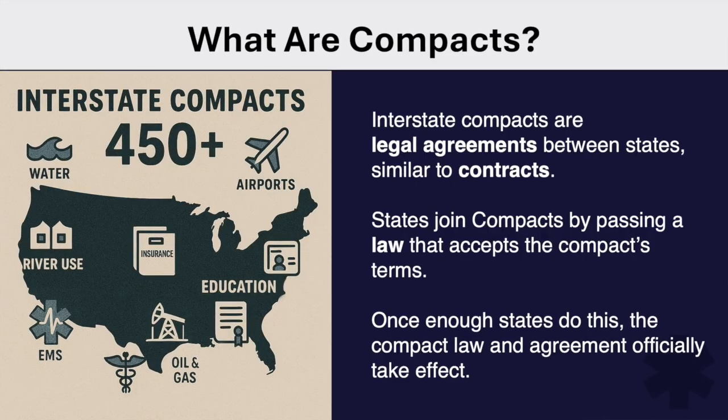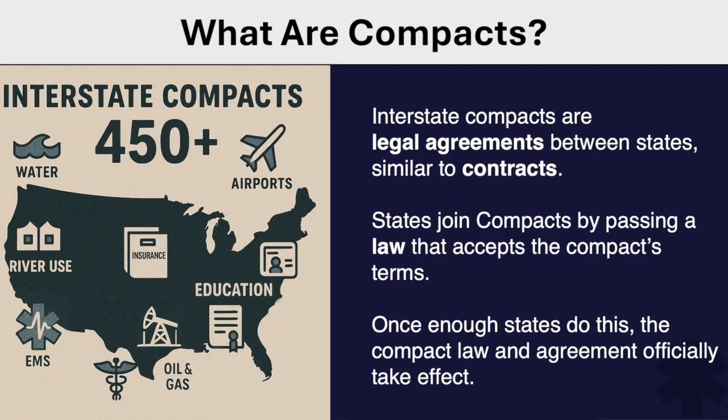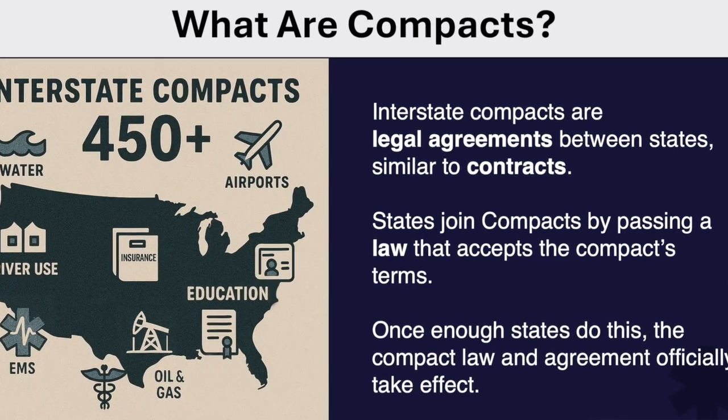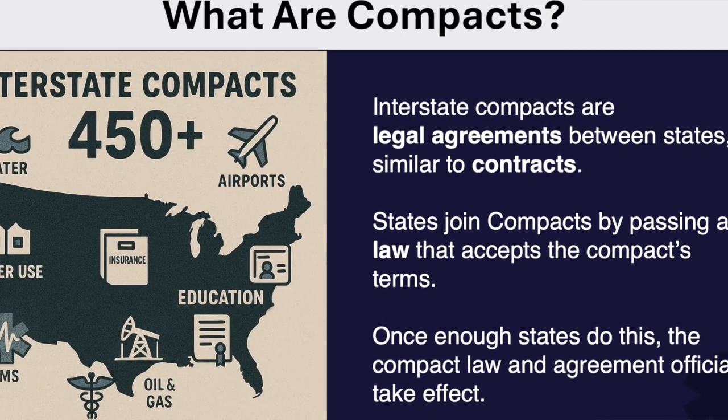So compacts are where individual states get together and they solve problems, and they do this by passing a law. And that's very important. So a state passes an actual piece of legislation. It goes through the complete legislative process, both houses to the governor for signature. So that becomes a state law. But that state law also takes the form of a contractual agreement.